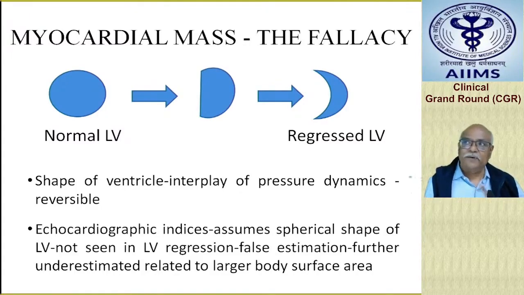So that is what happened. When the IVS was protruding into the RV, the LV was spherical. Then gradually the IVS came to the midline. LV becomes D-shaped. When the IVS protruded into the LV, it becomes ellipsoid, banana shaped.